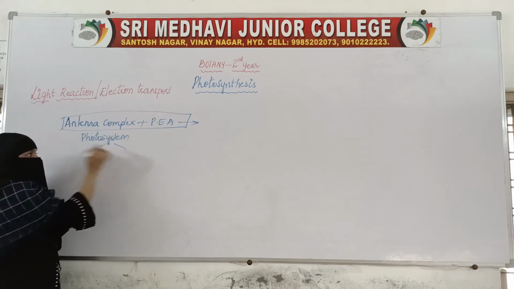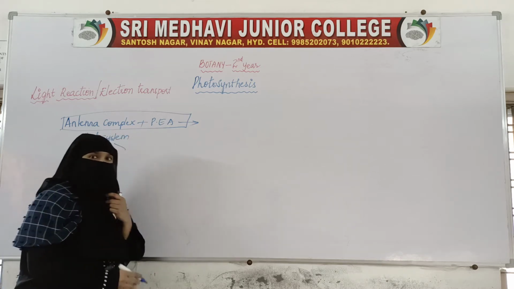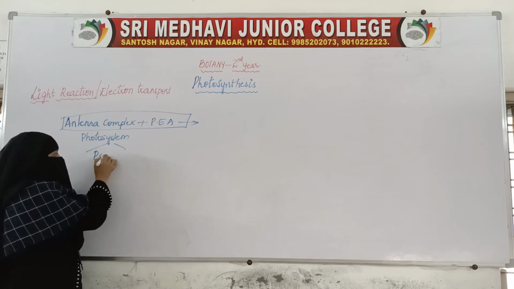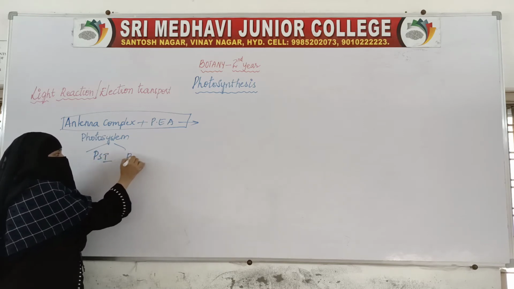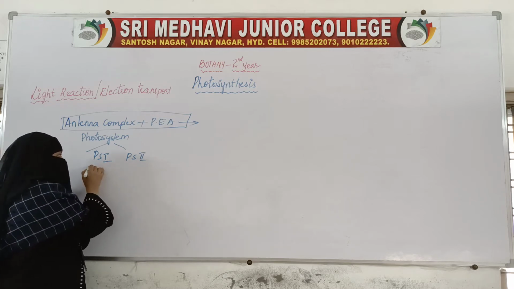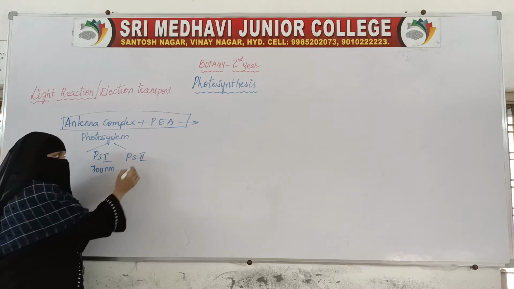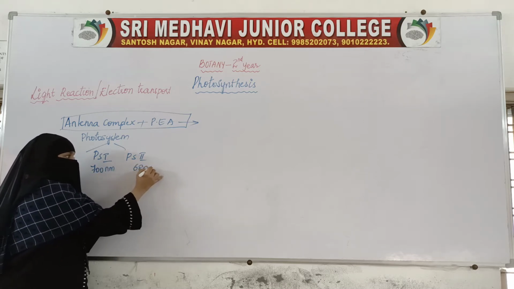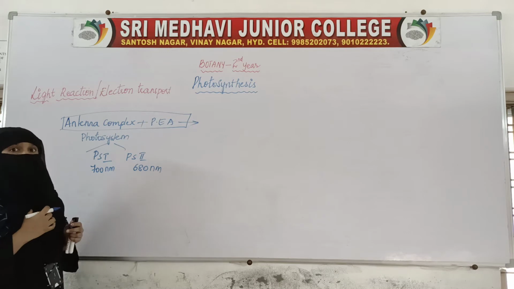We have two types of photosystem, photosystem 1 and photosystem 2. Photosystem 1 absorbs a wavelength of 700 nanometers, and photosystem 2 absorbs a wavelength of 680 nanometers.